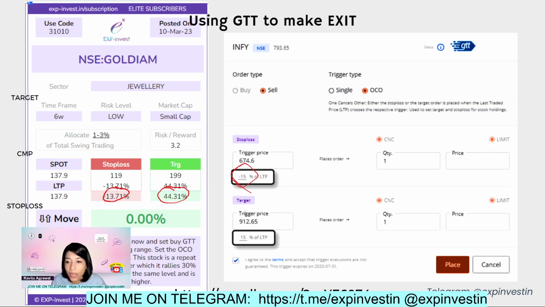Now in this stock idea, if you notice carefully, you will see that the stop loss percentage alongside the LTP is different from the other stop loss percentage. The top stop loss percentage actually pertains to the stop loss versus the spot price. So that is 2.7. But since the stock has moved 2.3% in our favor, our stop loss is now 2.3% bigger and a target is 2.3% smaller. So what you need to do is update your GTT order.